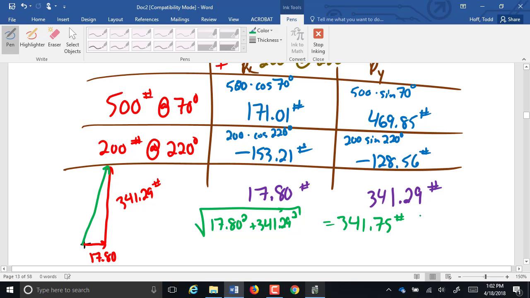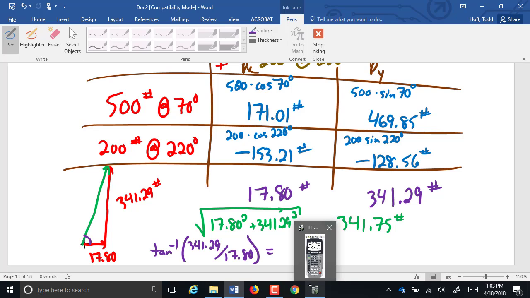Our angle, is this a reference angle? Yeah. Well, it actually is a reference angle, but it is the angle we're looking for too, right? So it's inverse tangent of vertical 341.29 over 17.80. We're expecting this to be really close to 90.